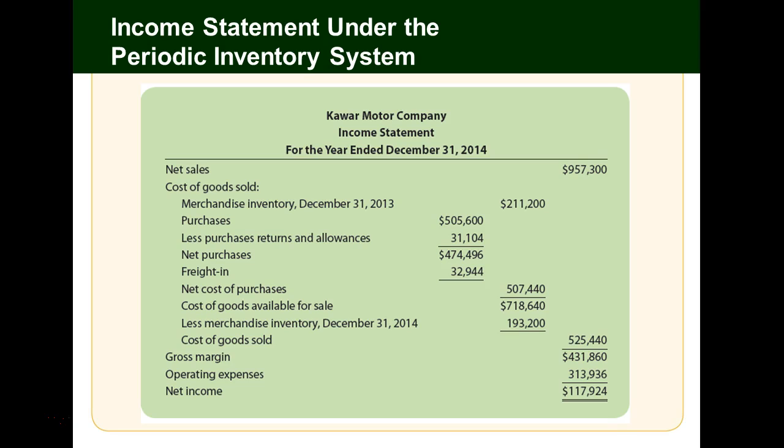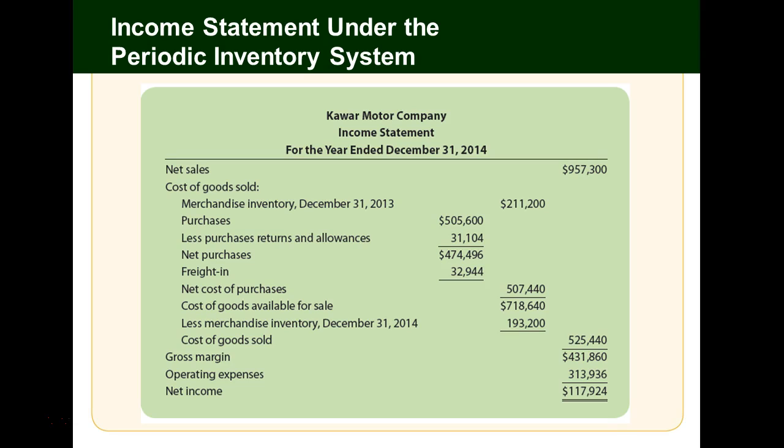This shows us a periodic inventory system income statement. You'll see under this method, we don't keep up with it after every purchase. So the way we calculate our cost of goods sold is we have to start with our beginning inventory, or what we should say the ending inventory from the previous year.